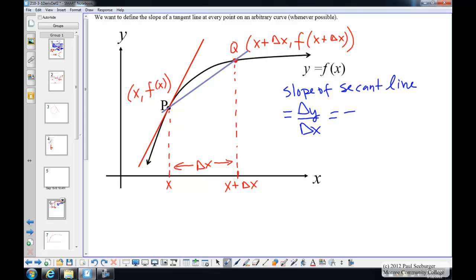What's the change in y here? Y coordinates? Good. Okay, and the change in x coordinates?